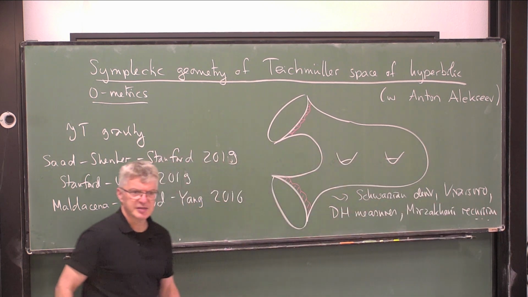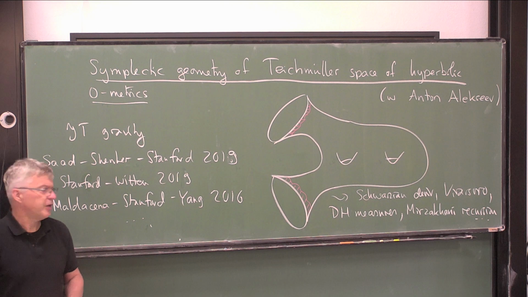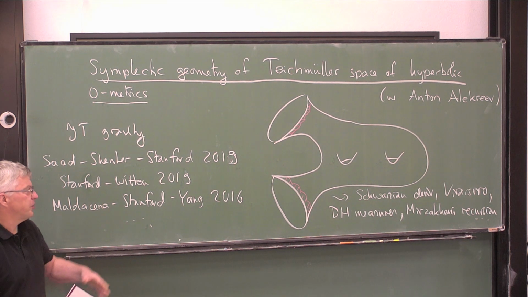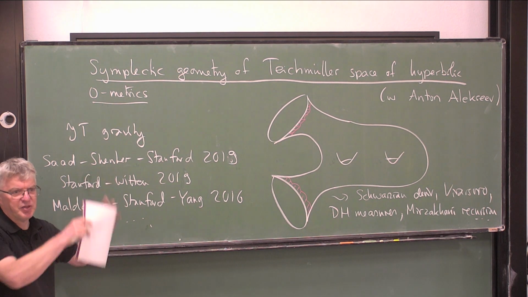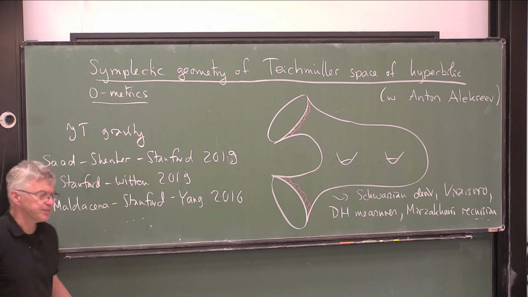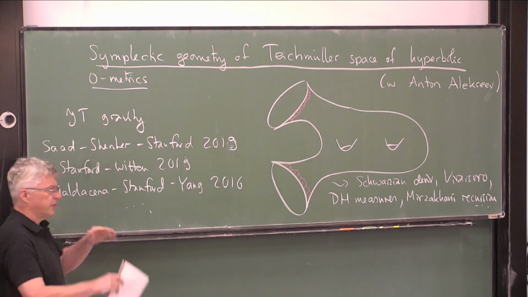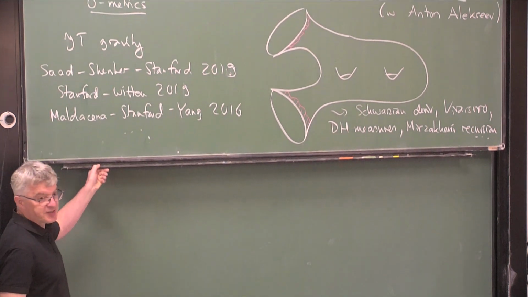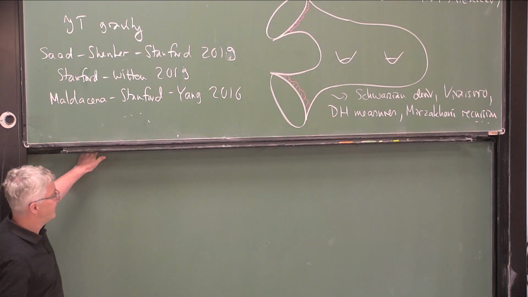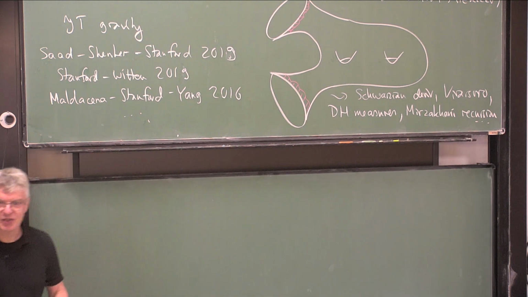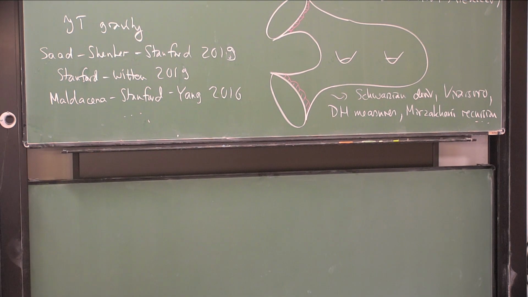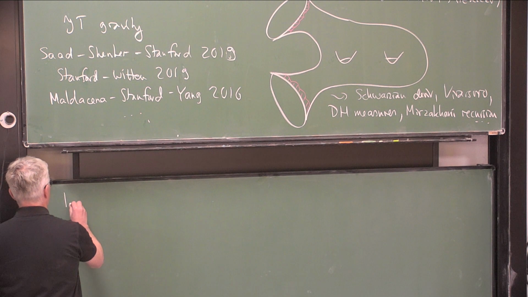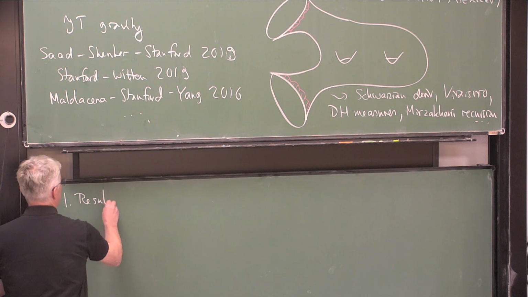So it seems like there's something interesting going on there. Our modest goal was to at least understand some of the symplectic geometry that's in this picture. The 95%, probably more, of the papers we still don't understand, but some of the symplectic geometry we will have some interpretation of. It remains to be seen if it actually has some relevance to what they're doing, but our take on it is the following.